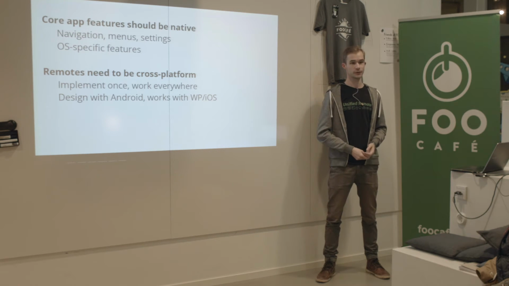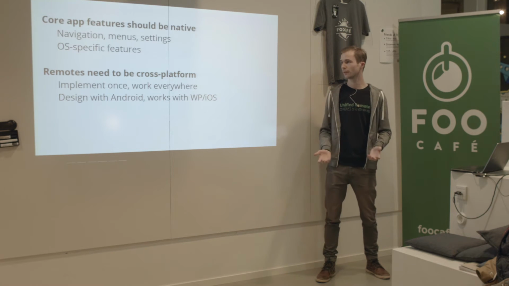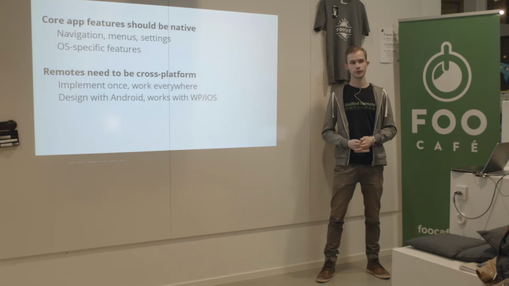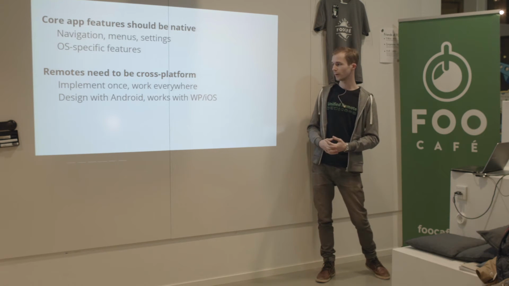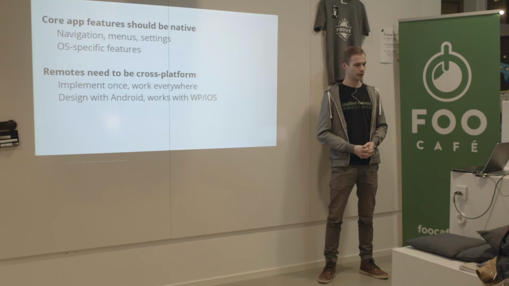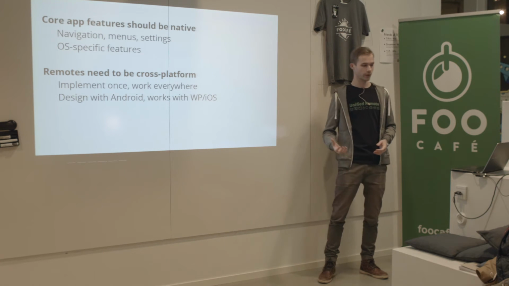Anything that was OS specific, so anything specific to Android or Windows Phone, of course that should be native as well. But everything that was supposed to be cross-platform, in our case the remote controls, we wanted to make sure we only had to implement once, work everywhere, and that we could design them on one platform and have them work on the other platforms as well.